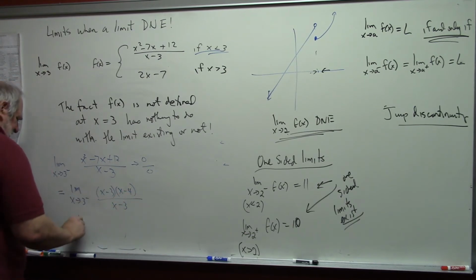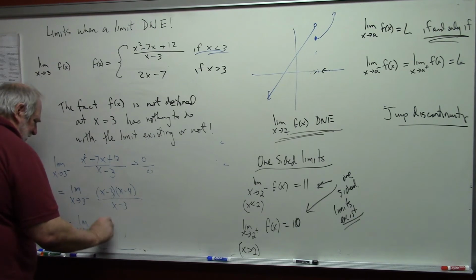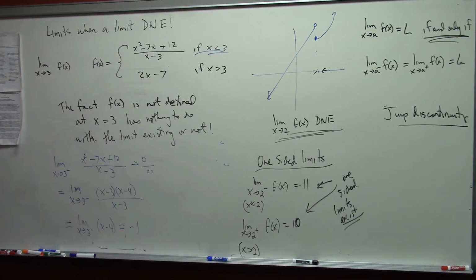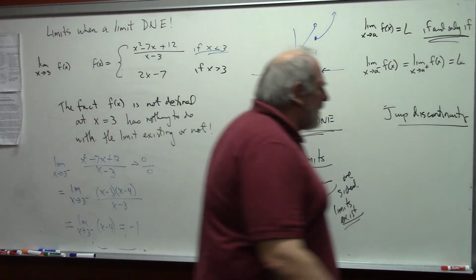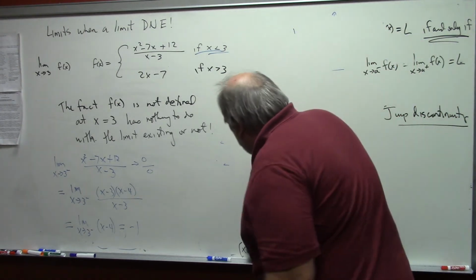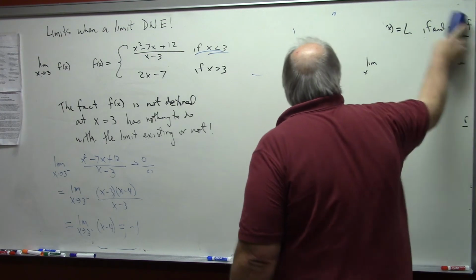This reduces. And the limit as x approaches 3 from the left of x minus 4 is negative 1. Okay? So now let's consider the limit as x approaches 3 from the right and see what happens.